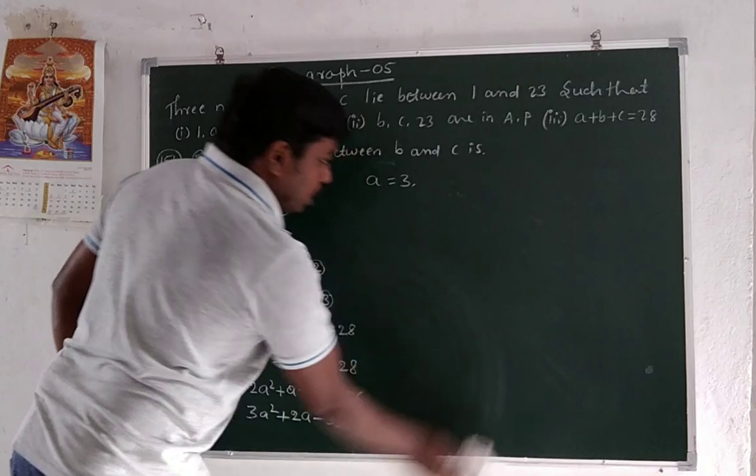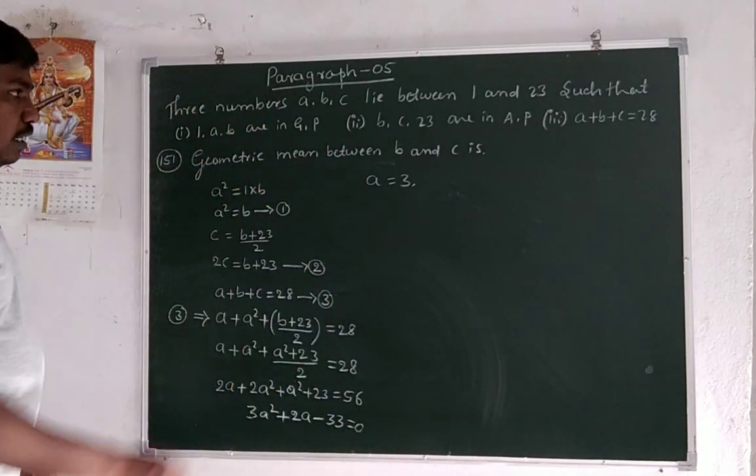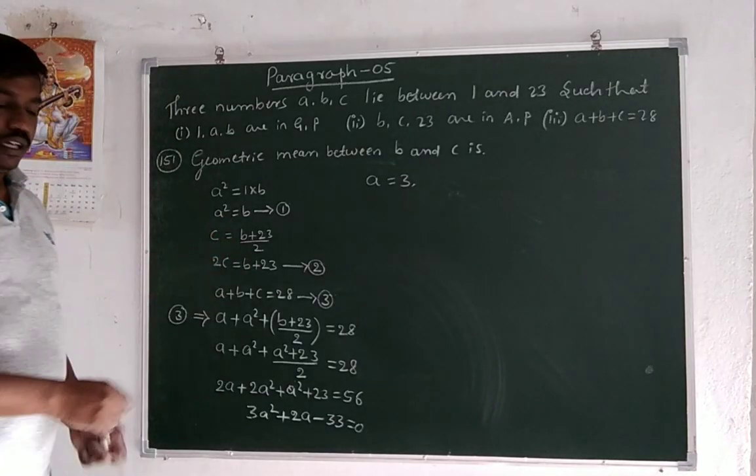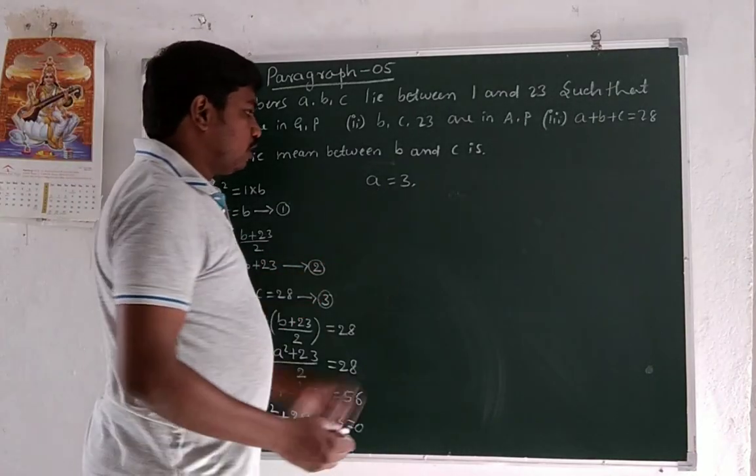So A is equal to 3. The other root is either 23 or outside 23. So A is equal to 3.